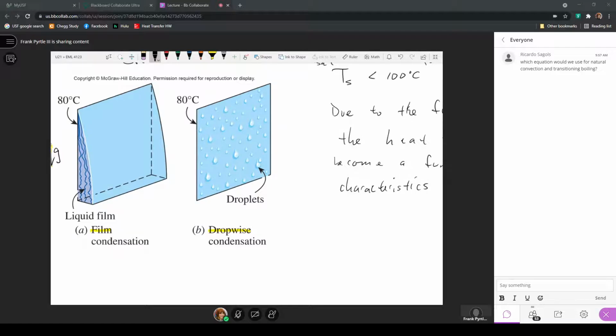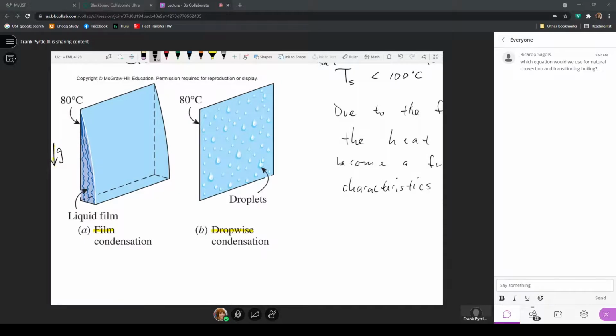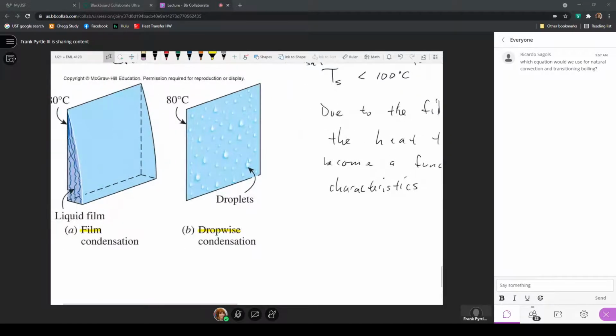I won't cover those particular expressions that are used to calculate the heat transfer coefficients, h, but they're going to be a function of the characteristic of this film. Is that film moving with a laminar flow condition or a quote unquote turbulent condition that is defined in your text?